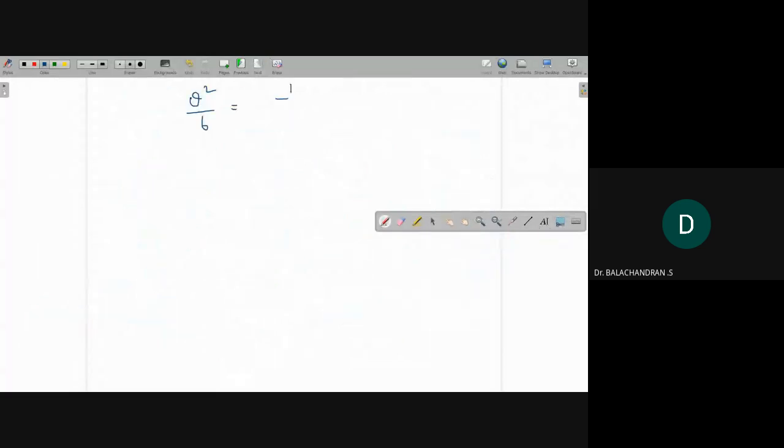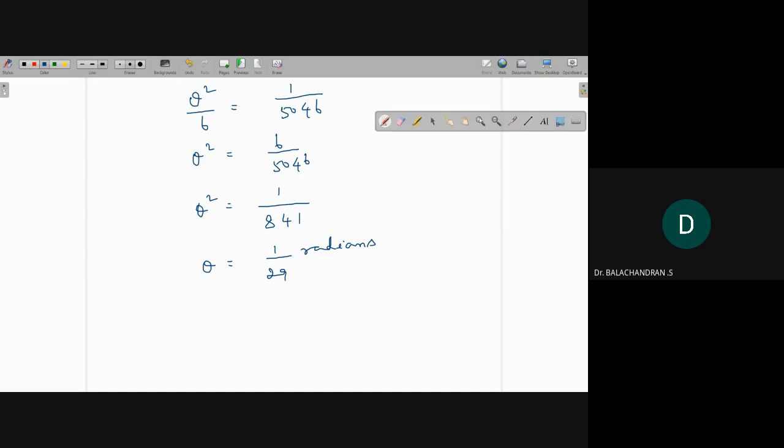Now theta square is equal to 6 divided by 5046, or theta square equal to 1 by 841. So theta equal to 1 by 29 radians. This is in radians. Now you need to convert into degrees.